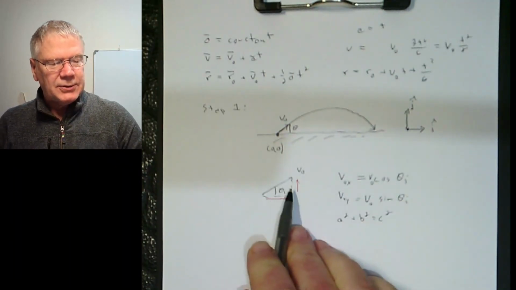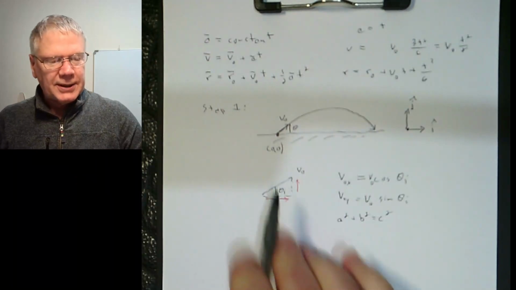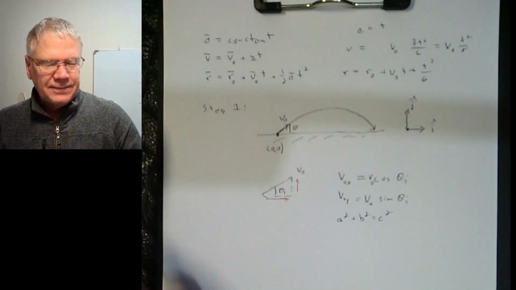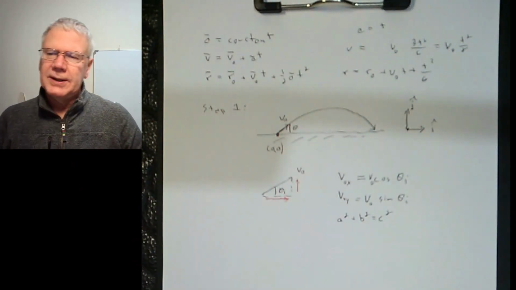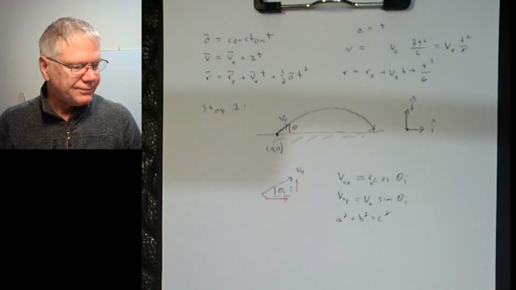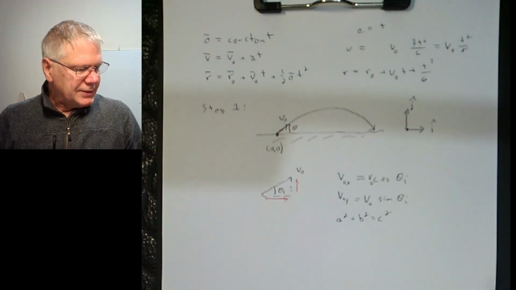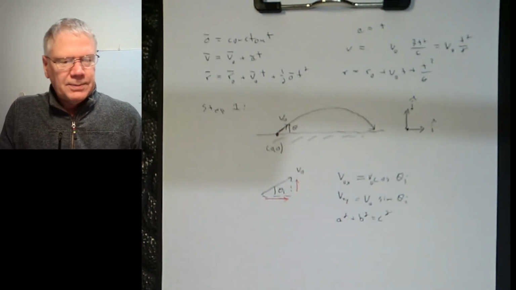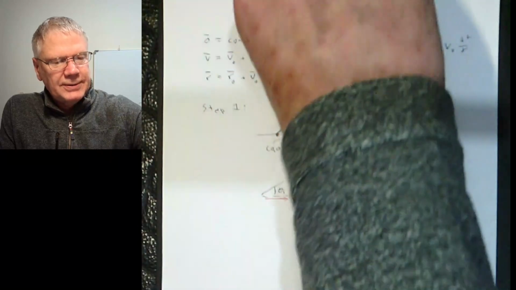So if I know the two right angle sides, I can calculate the other side. We're going to be using that a couple times. And that's pretty fundamental to doing any kind of kinematics projectile type problem. Okay, that was part 2. Let's go on to a problem here.